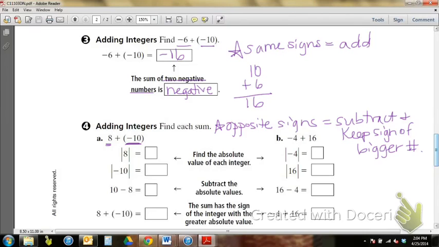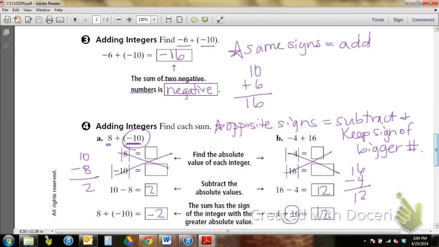So we're going to ignore this stuff. Forget the absolute value stuff. So 10 minus 8 is 2. And my bigger number is negative, so my answer is negative. And then 16 minus 4 is 12. And my bigger number is positive, so my answer is positive.